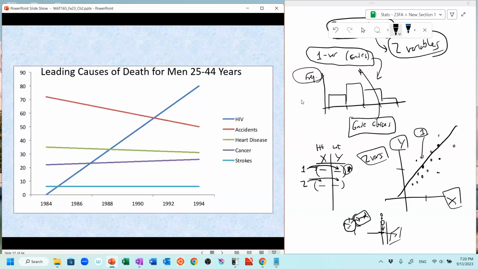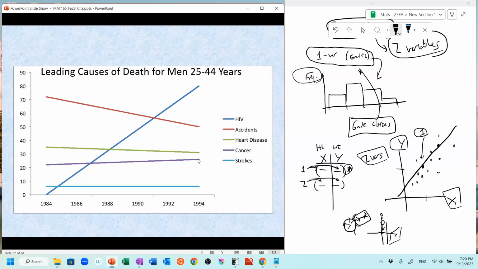But here's an example from the medical field. This was also from a previous textbook we used to use. Leading causes of death for men 25 to 44 years old, going from 84 to 94. If I just look at this, I might think, okay, obviously the big standout is HIV, going from 84 to 94, killing a lot more people.